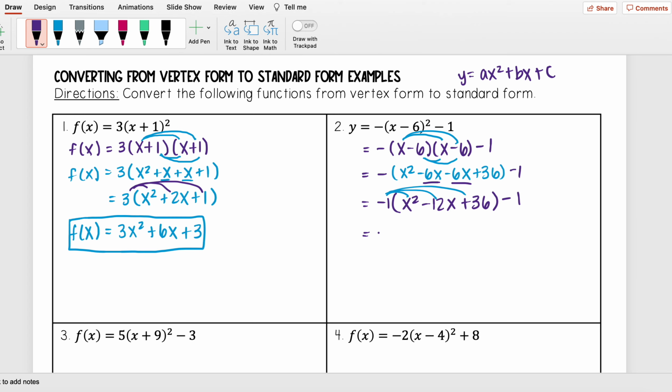And so negative 1 times x squared, I get negative x squared. Negative 1 times negative 12x, I get positive 12x. Negative 1 times 36, I get negative 36 minus 1. And then lastly, I can combine my two numbers there. And so I get that this written in standard form is y equals negative x squared plus 12x minus 37.